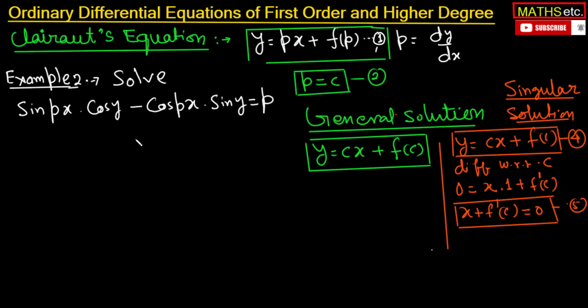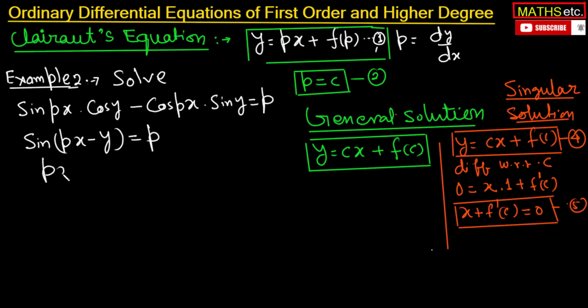But giving a second look to the form of the equation, we can apply here the sine a plus b formula. So this will become sine of px minus y. Sine a cos b minus cos a sine b, and this one is equals to p. Now we can take sine inverse on both sides.